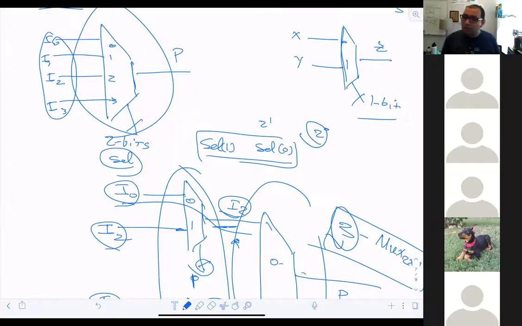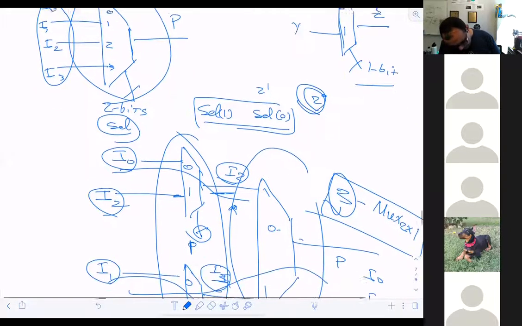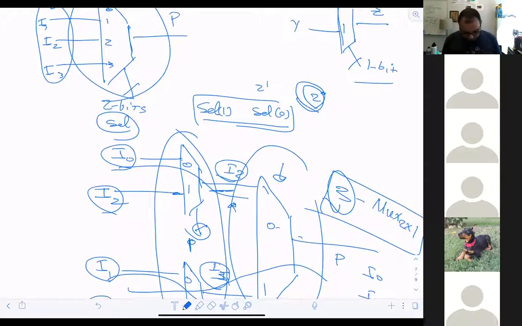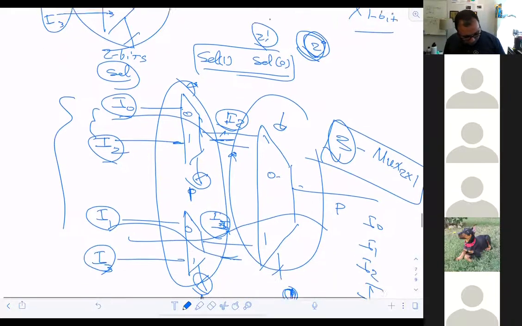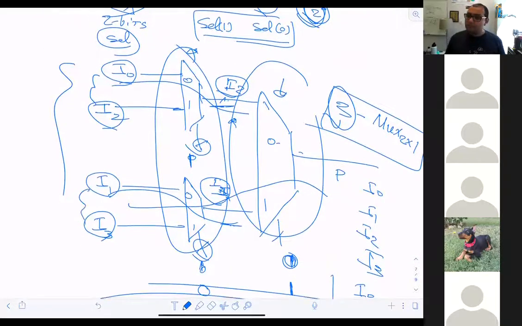Do you agree? So here, I need this level to be 1, and here I need 2. Then, how did I distribute it? 2 power 0 means the distance is 1. 2 power 1 means the distance between inputs is 2. You see that? Yeah. And that's it.